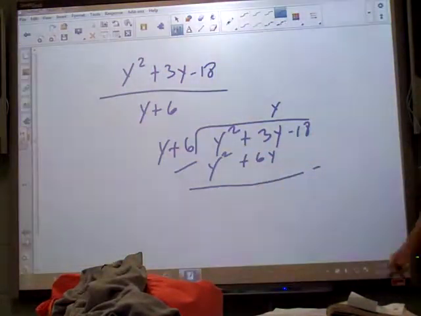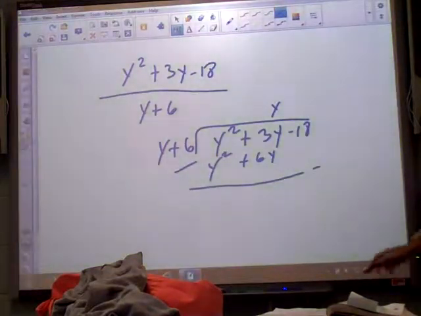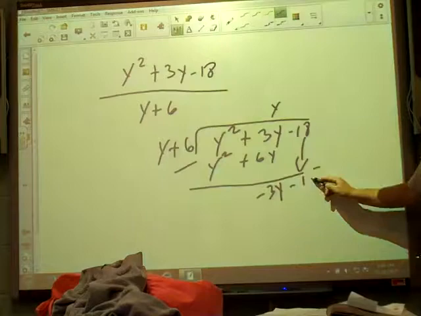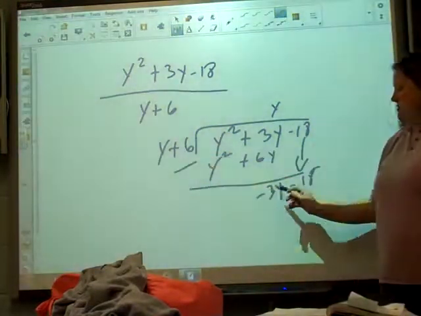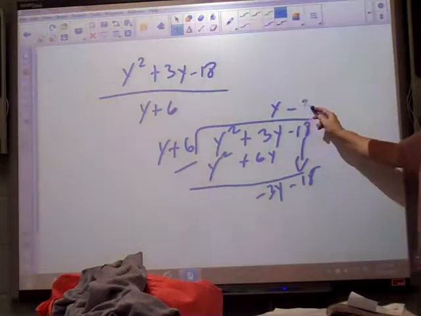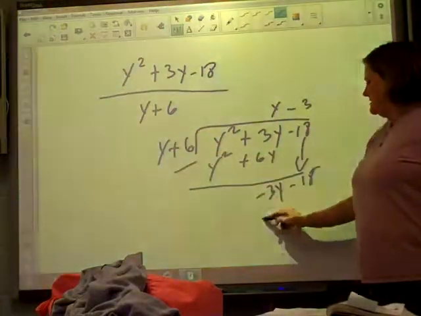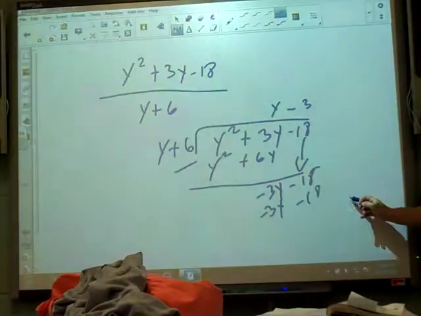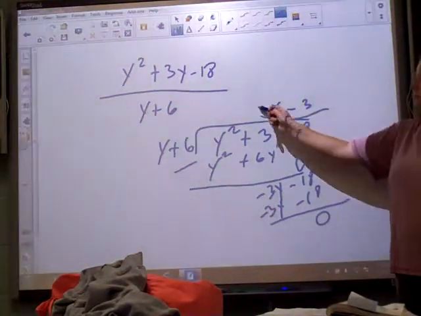Subtract. What's 3y minus 6y? Negative 3y. Bring down my negative 18. Y times what gets me negative 3y? Negative 3. Negative 3 times y is negative 3y. Negative 3 times 6 is negative 18. I got nothing left over.